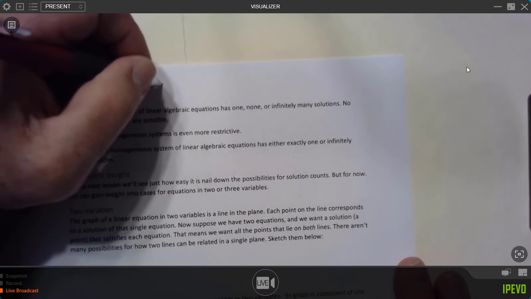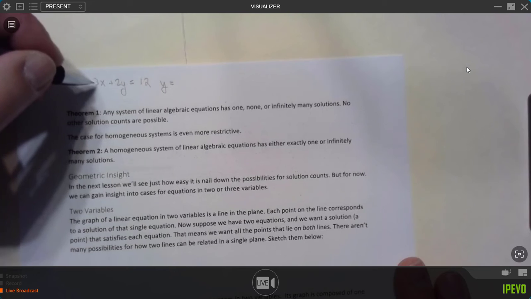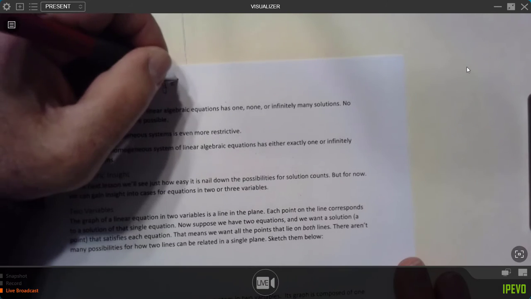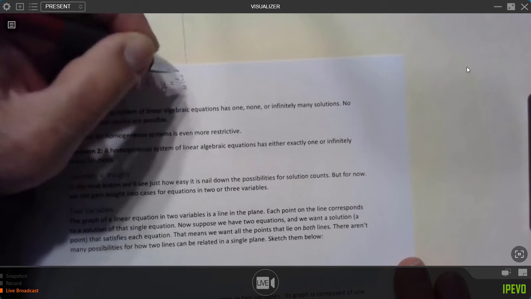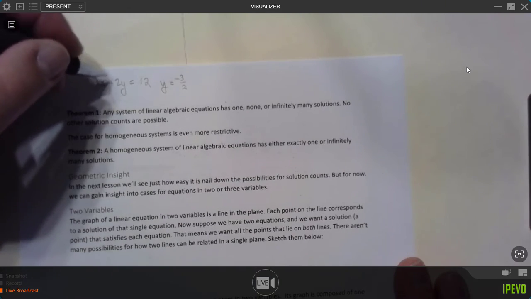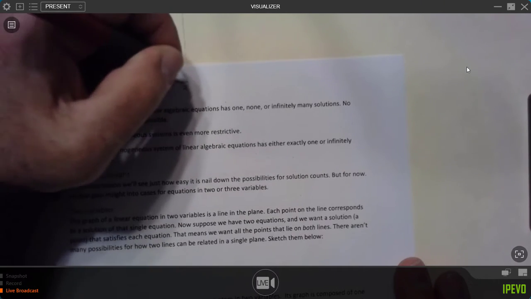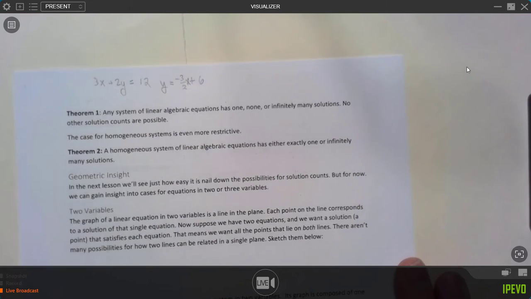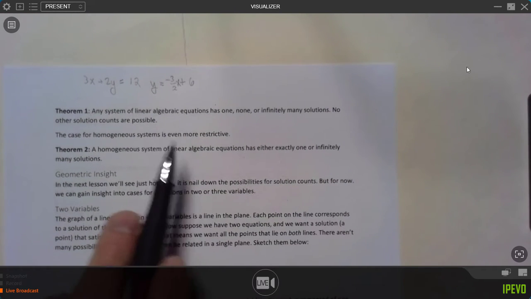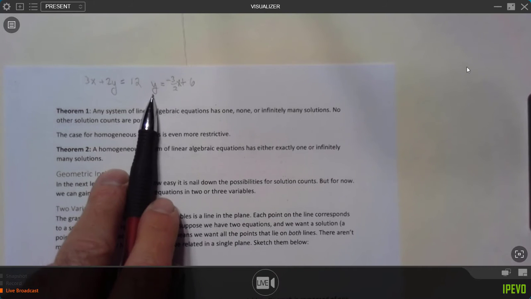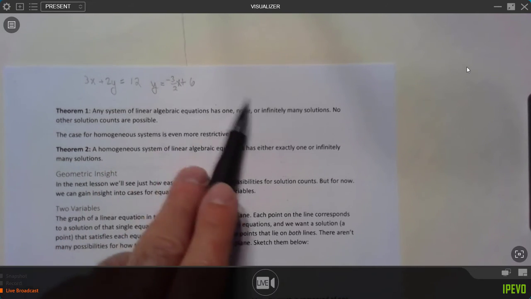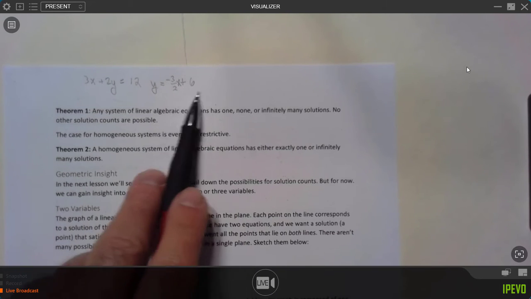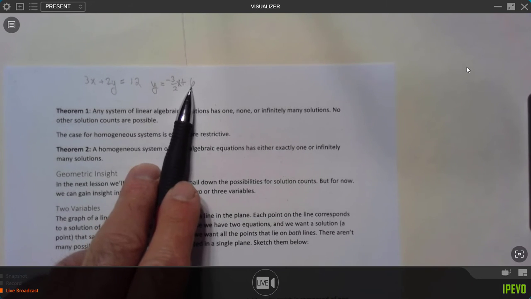And you can solve this for y if you wanted to. y equals minus 3 halves x plus 12 divided by 2, 6. So the graph of this equation is a line. It has a slope of minus 3 halves, so kind of like that. Top leans over to the left, and it's got a positive y-intercept.